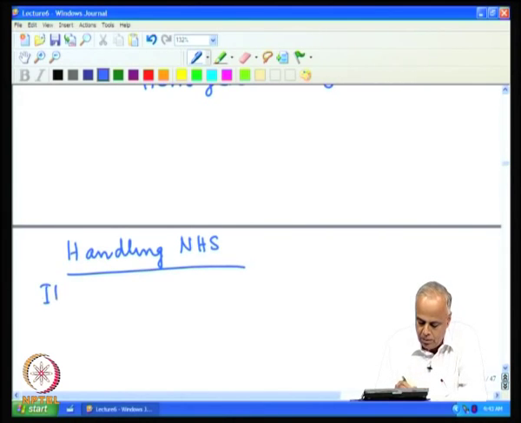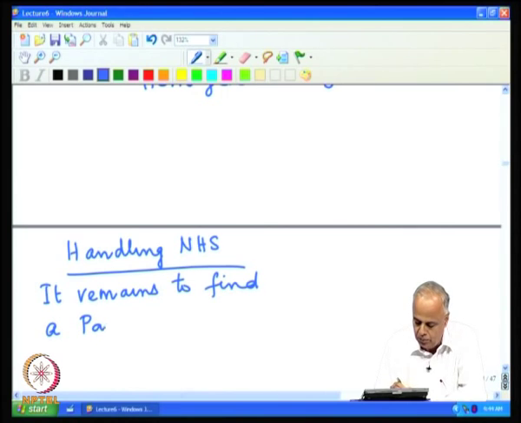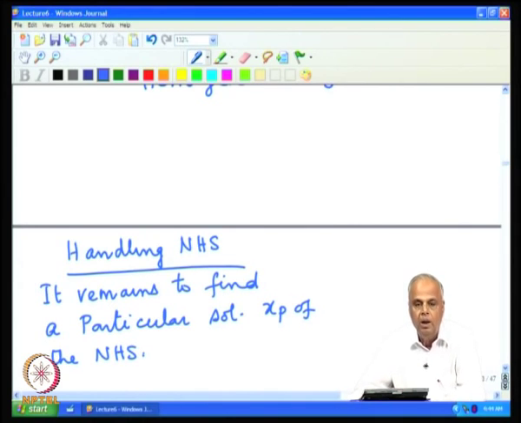It remains to find a particular solution XP of the non-homogeneous system, because any solution of the non-homogeneous system can be obtained as XP, a particular solution, by adding to it a solution of the homogeneous system.